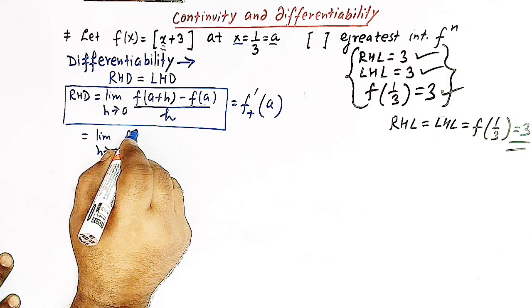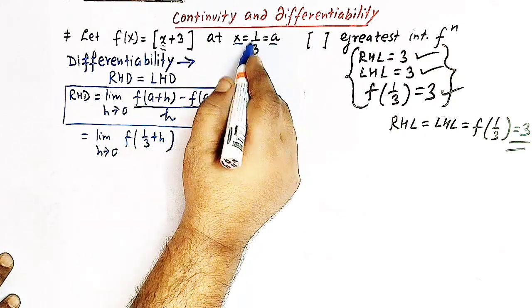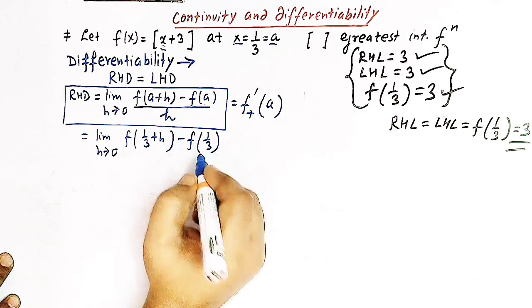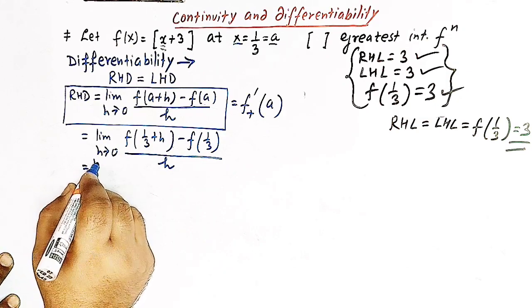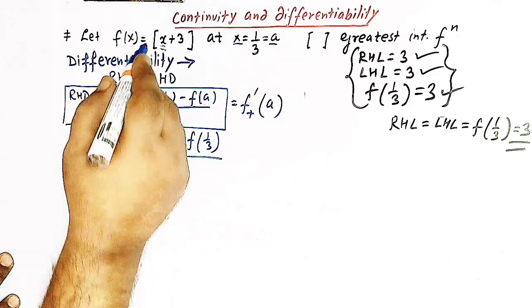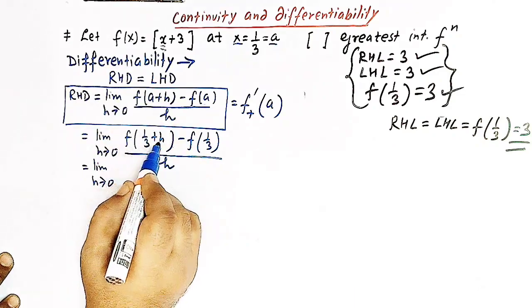We have f(1/3 + h) because a is 1/3, then we have f(1/3), and here we have h. So now we have limit h tends to 0, f(1/3 + h) can be obtained by replacing x by 1/3 + h.